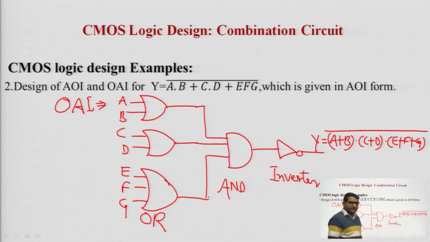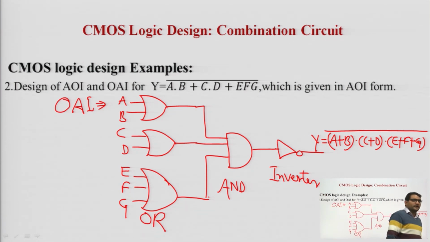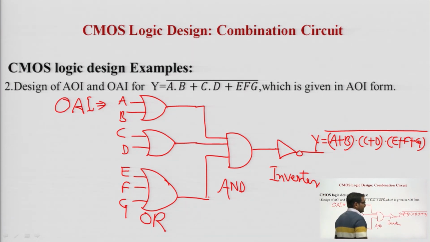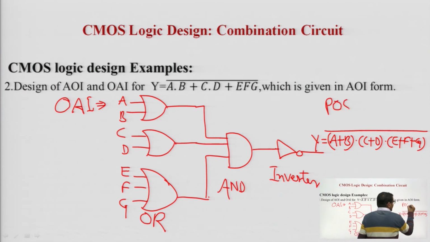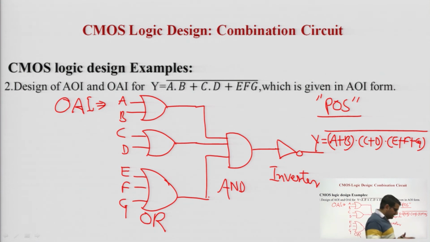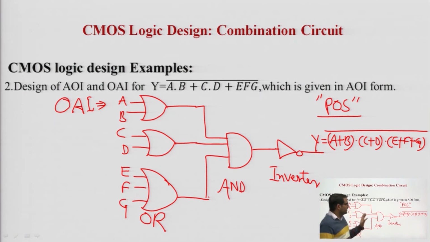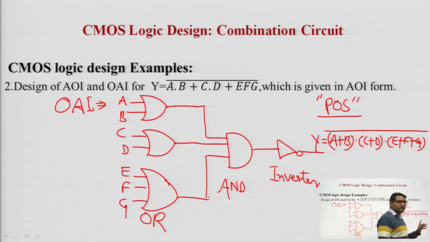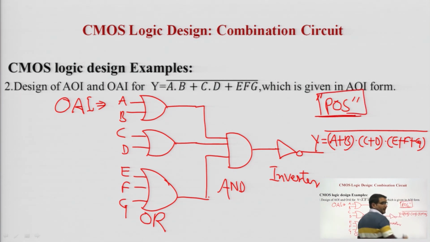This Boolean function looks like a POS, product of sum. So we simply say that AOI is related to sum of product, where in basic designing of digital logic circuits we follow the NAND gate, and in case of OAI the Boolean function gives the product of sum, POS form.